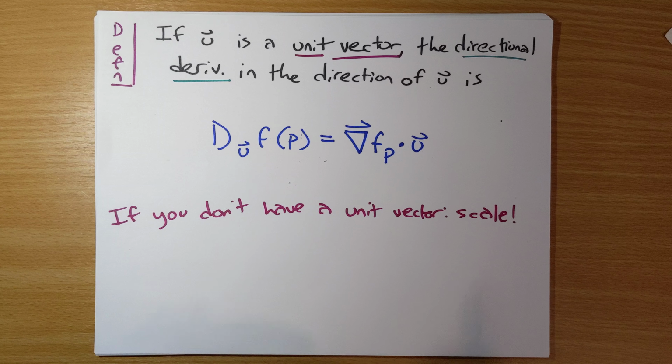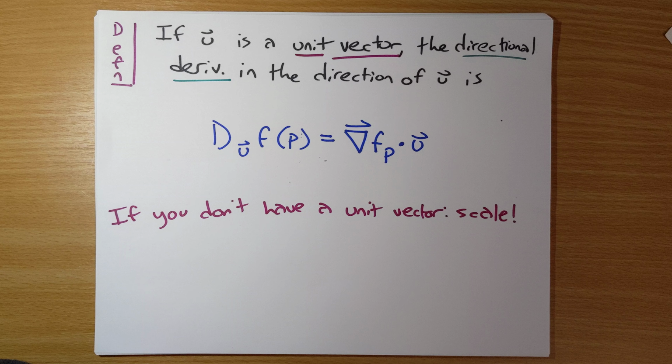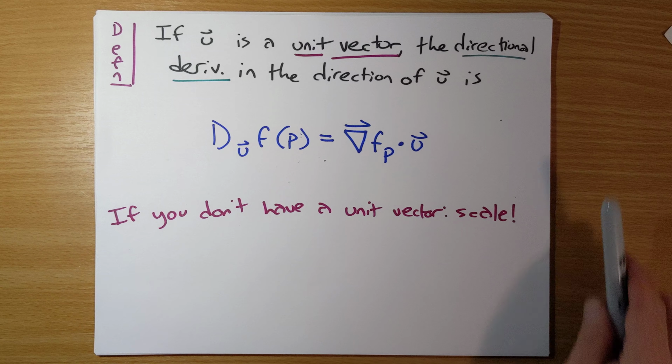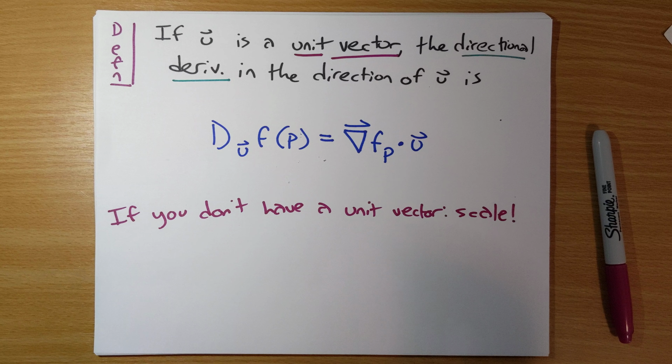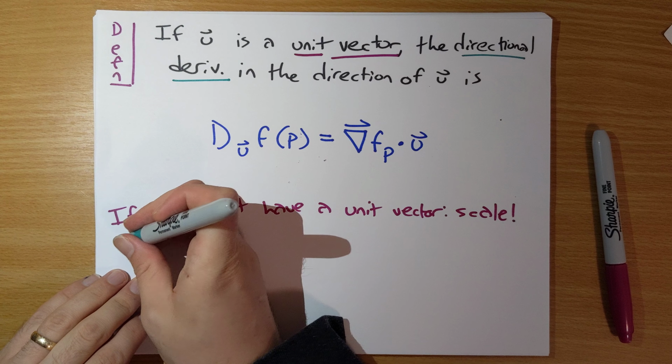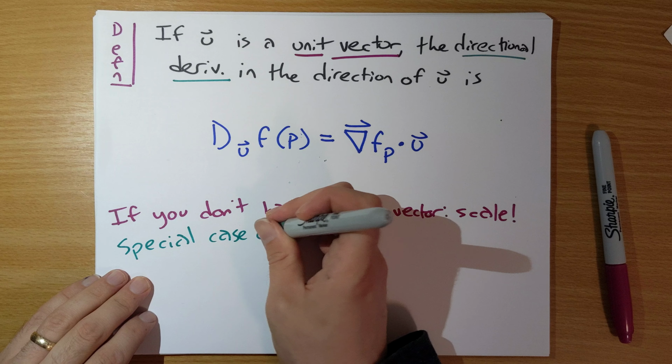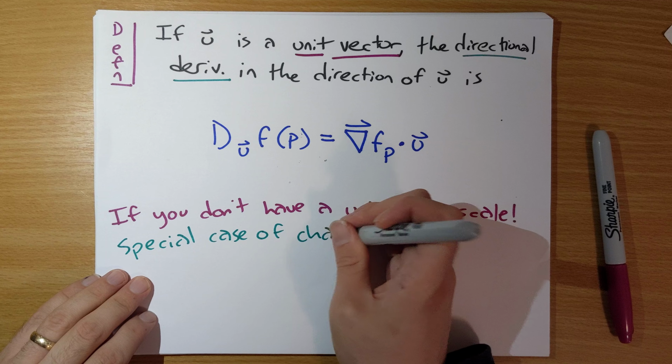You have to take your vector and find a unit vector that's pointing in the same direction before you apply this formula. And then I won't go through the details here, but I'll just say that a proof of this is a special case of the chain rule for paths.